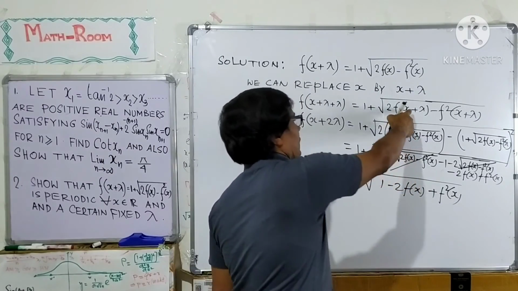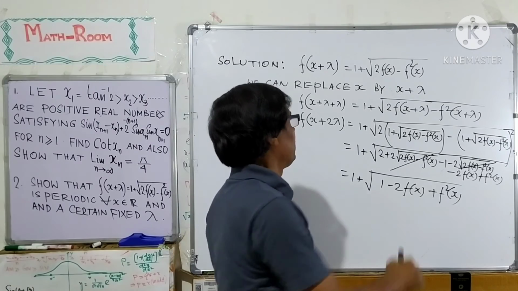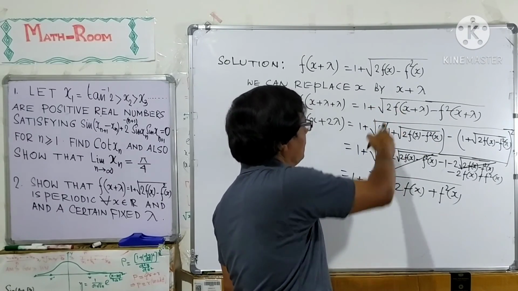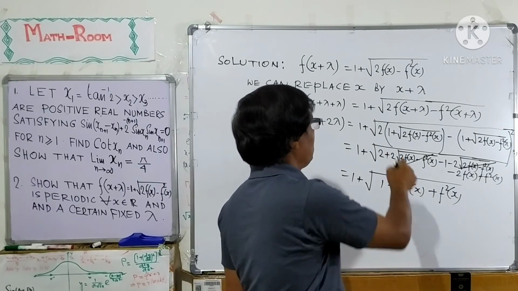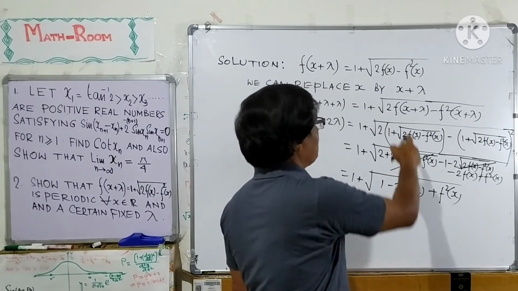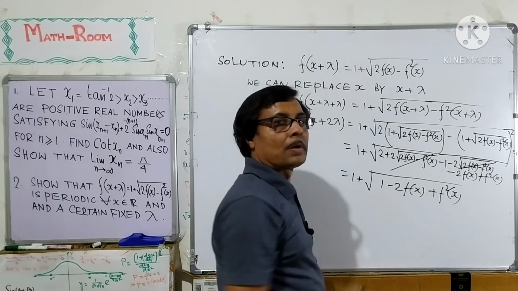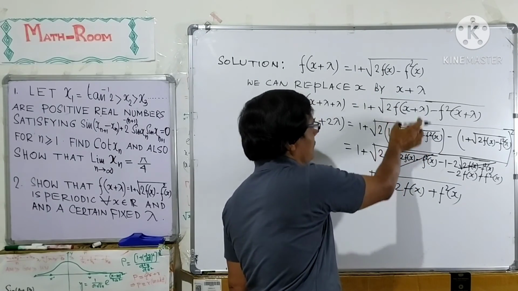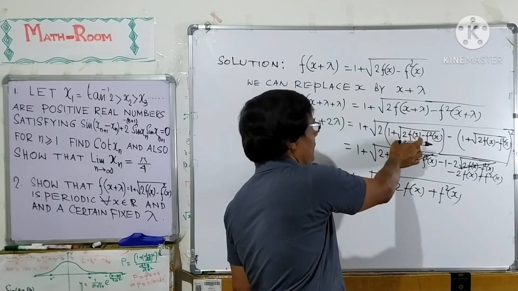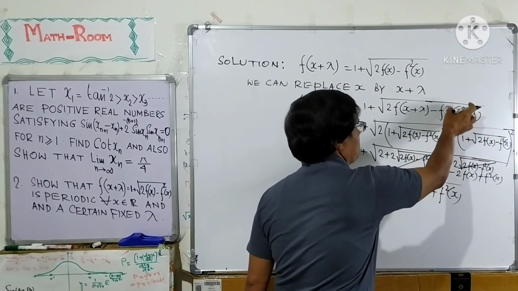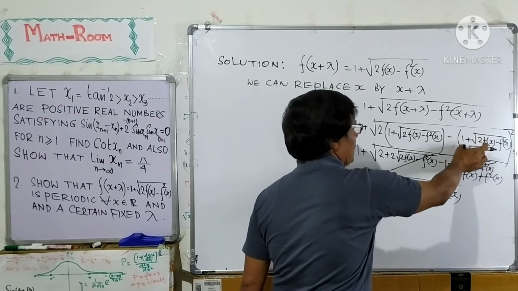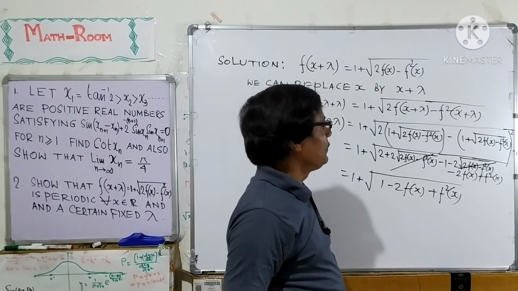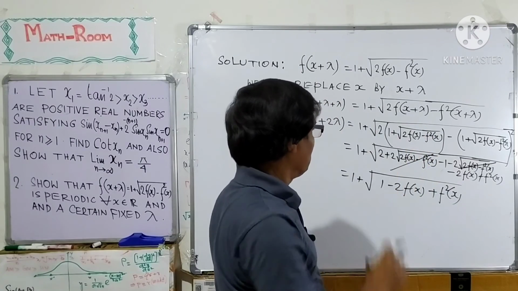We have put the value of f of x plus lambda in this expression. After putting the value of f of x plus lambda, we get f of x plus lambda equals 1 plus square root of 2 f x minus f square x. And f square of x plus lambda is 1 plus square root of 2 f x minus f square x, whole square.